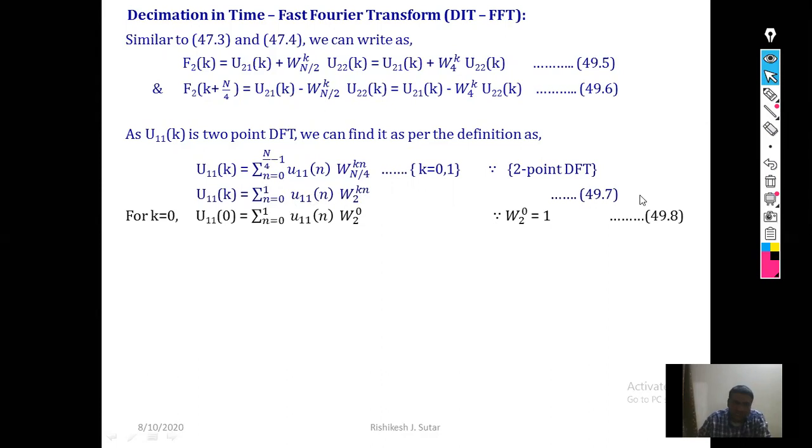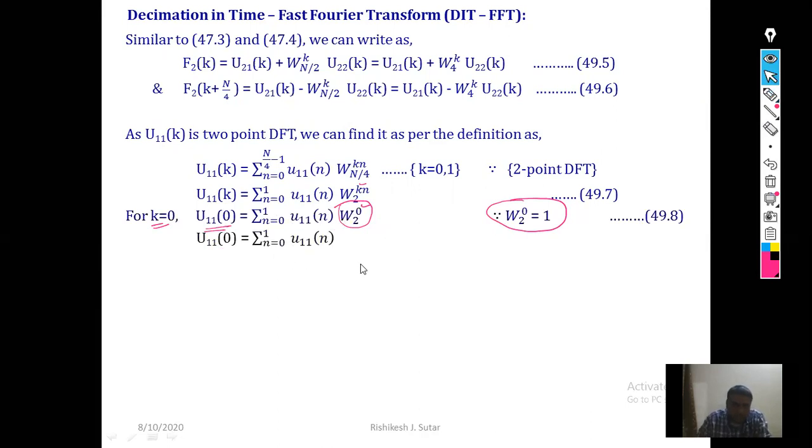So for k equal to 0, I can write u11 of 0 equal to summation n from 0 to 1 u11 of n, and instead of k I put 0. You can see here w20 is going to be equal to 1, so its value is 1. So simply, if n is equal to 0 and n is equal to 1, I can write u11 of 0 plus u11 of 1.